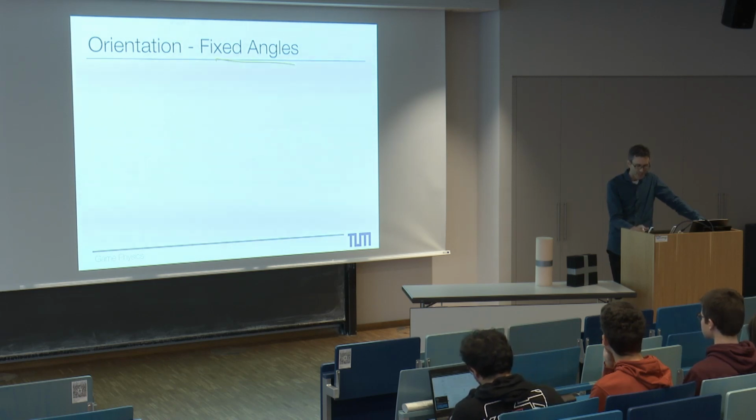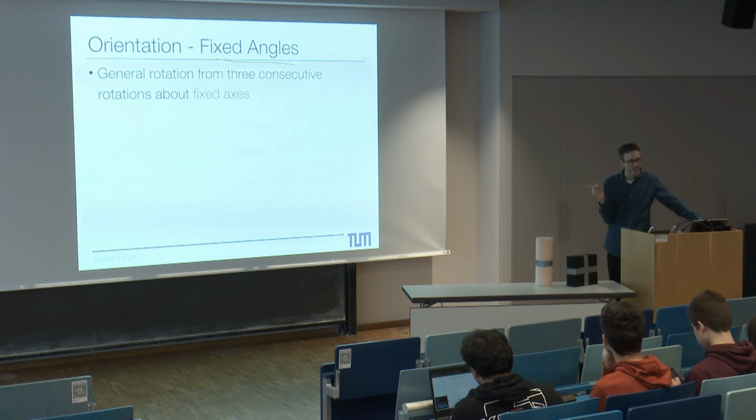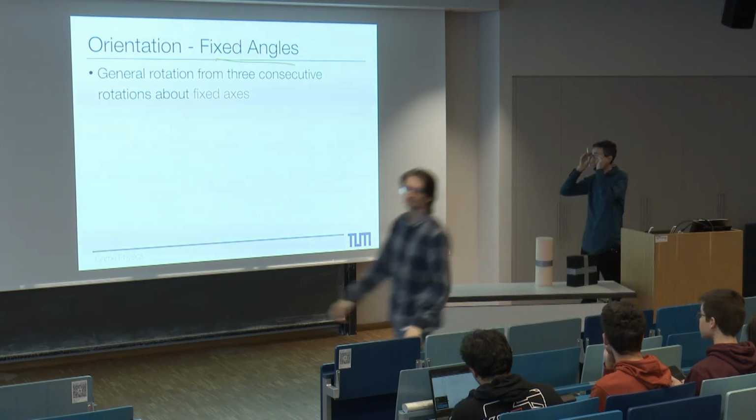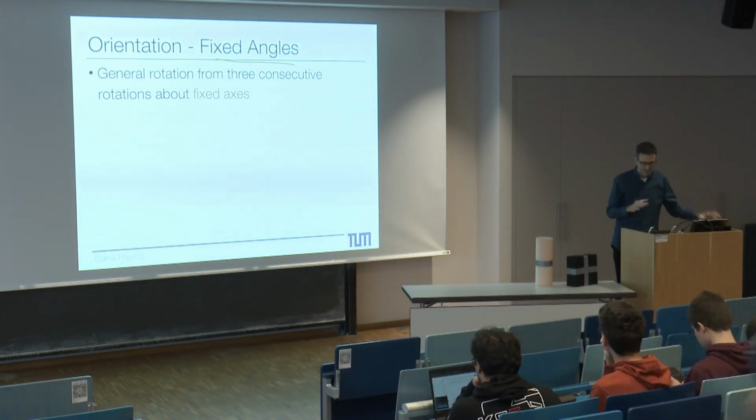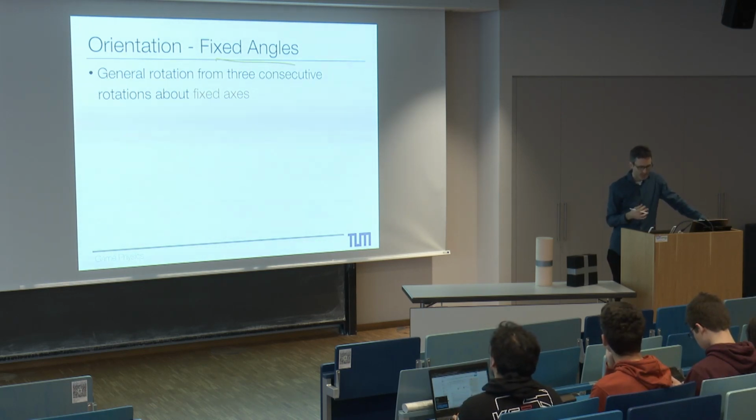So the idea here is based on what I had on the slides before, right? We have, in a way, the simplest starting point: these three axes and rotations around our three axes, x, y, z. Maybe not the most efficient way, but they're pretty easy to set up. Why not use that? So we need to define some order.